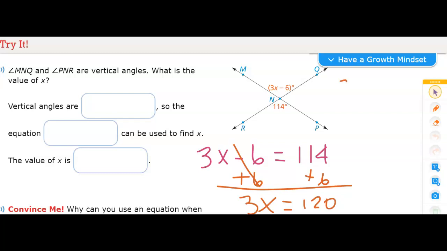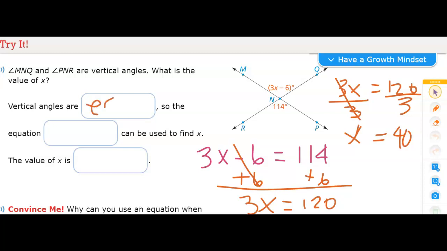3x equals 120. I'm going to divide by 3 on both sides. That cancels out. I'm left with x. And then 120 divided by 3 is 40. So x is equal to 40.